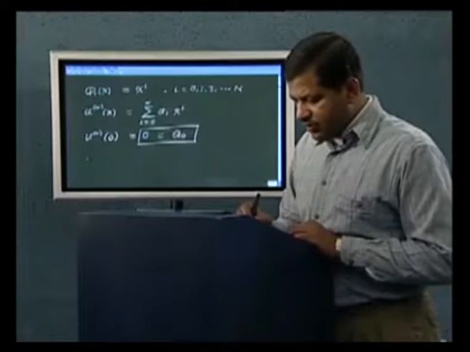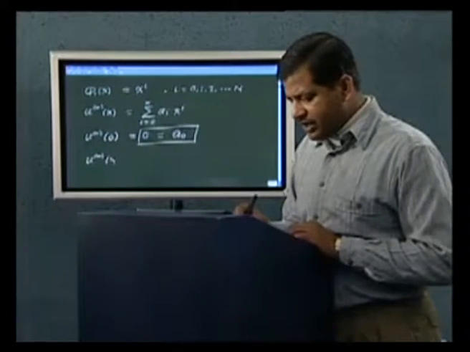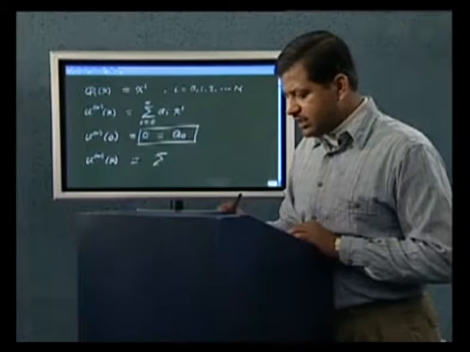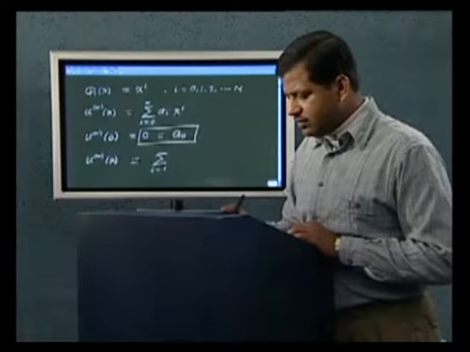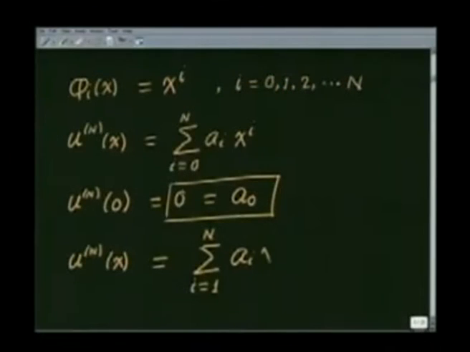After enforcing the constraint at the point x equal to 0, we get a series i equals 1 to n a_i x to the power of i, because a_0 has been determined from the boundary condition.